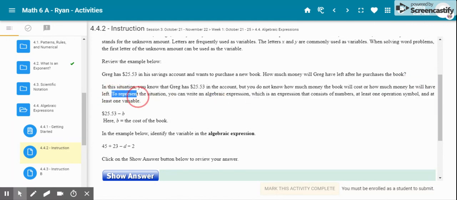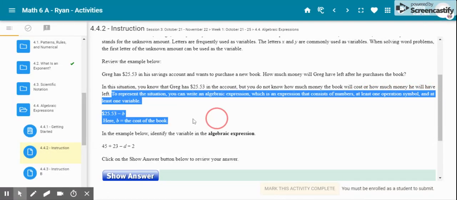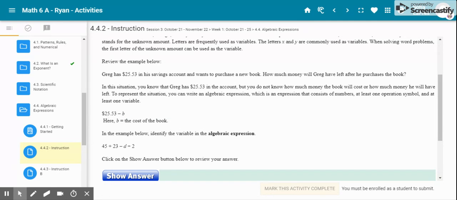So to represent the situation, you can write an algebraic expression, which is an expression that consists of numbers, at least one operation symbol, and the difference between this and a numerical expression is that it has at least one variable. So for example, $25.53 minus B. Here, B equals the cost of the book. That is our unknown amount.